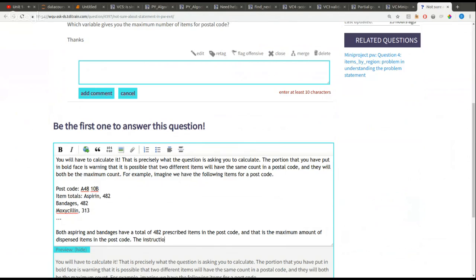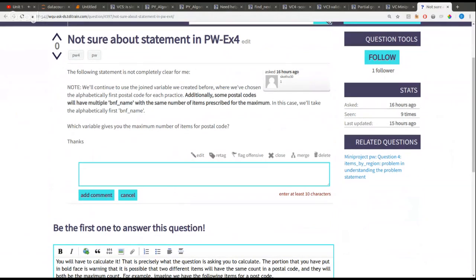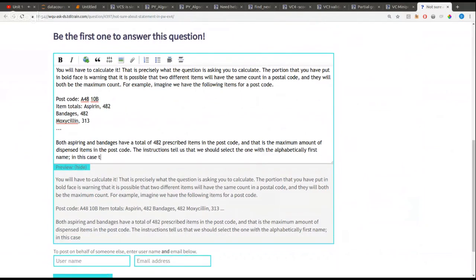The instructions tell us that we should select the one with the alphabetically first name. In this case, that is aspirin, since it comes before bandages alphabetically.